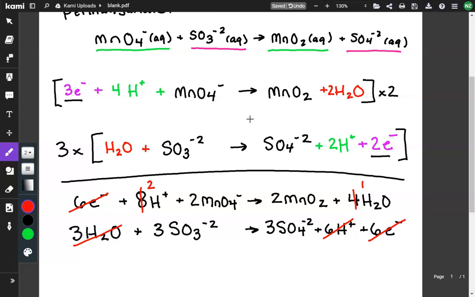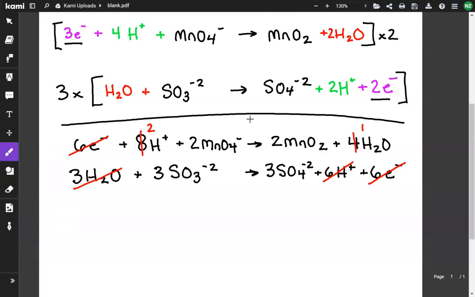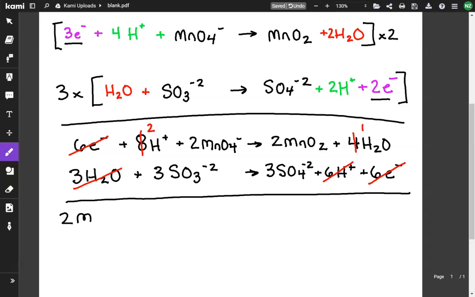So now we add them all up. So let's see, we'll have the 2 manganese oxide. We'll have 3 SO3 minus 2. We'll have 1 H plus. Oh, no, sorry, 2 H plus.